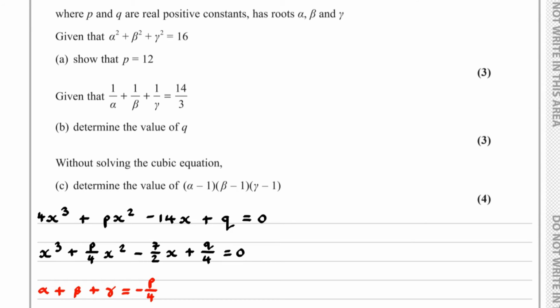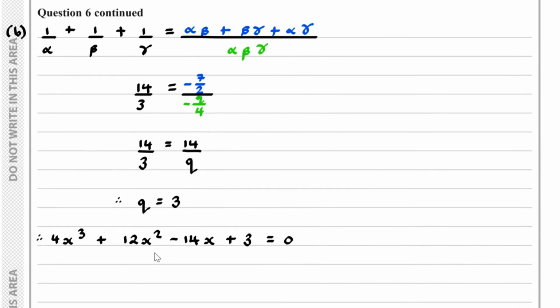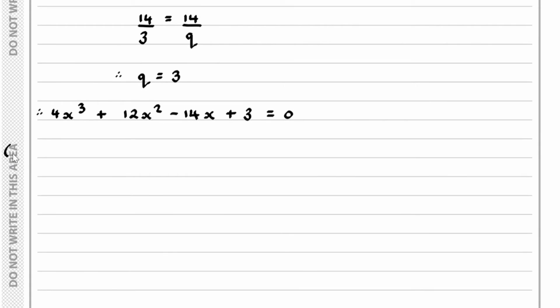So, because we have roots alpha minus 1, beta minus 1 and gamma minus 1, we can therefore say for part C of the question, our substitution will be of the form y equals x minus 1, which means that x is equal to y plus 1.